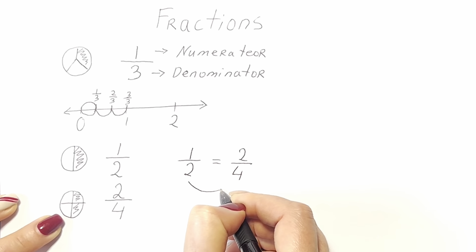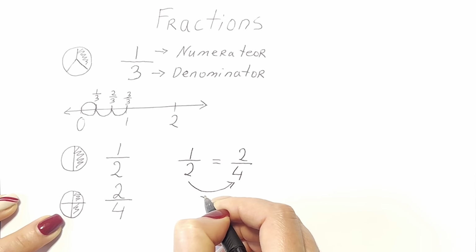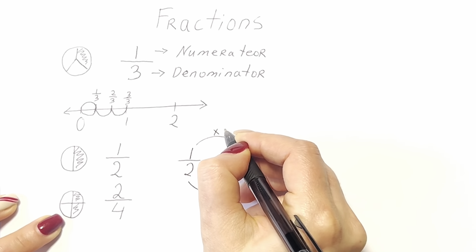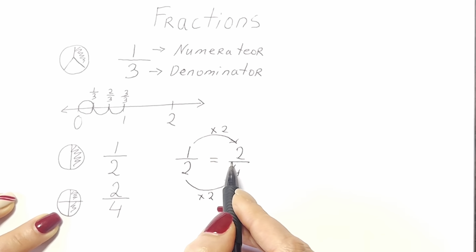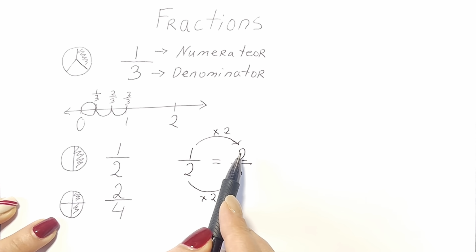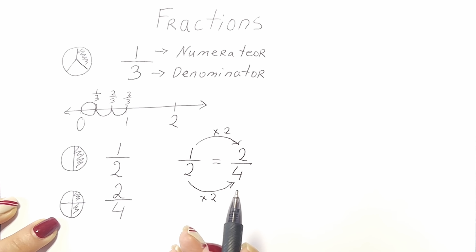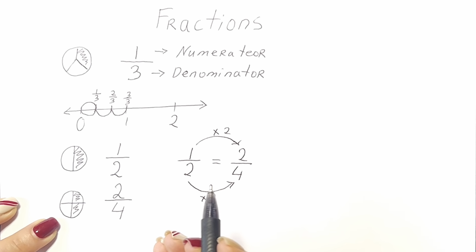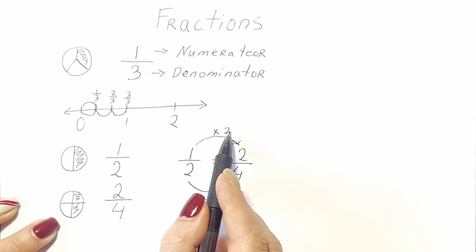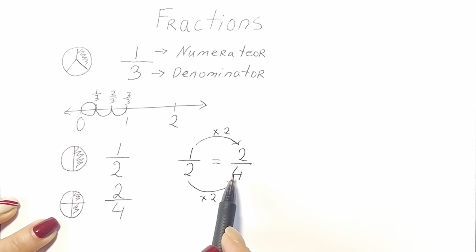And also, I'm making the denominator 2 times bigger and the numerator 2 times bigger to get 2/4. If the denominator and numerator are equally 2 times bigger or 2 times less, or 3 times bigger, 3 times less, it has to be the same amount, the same number. It means these fractions are equivalent.